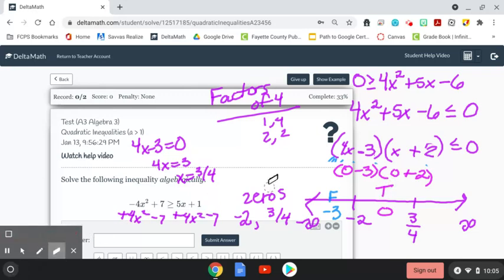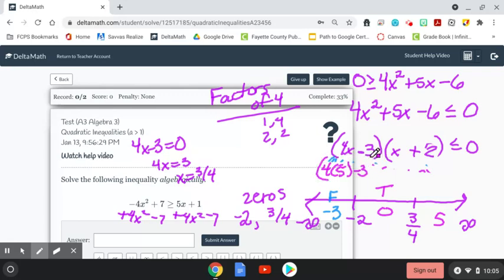And then the last interval, a number bigger than 3/4. Let's say 5. So 4 times 5 minus 3 times 5 plus 2. 4 times 5 is 20. 20 minus 3 would be 17 times 5 plus 2 would be 7. 17 times 7 is a positive number.